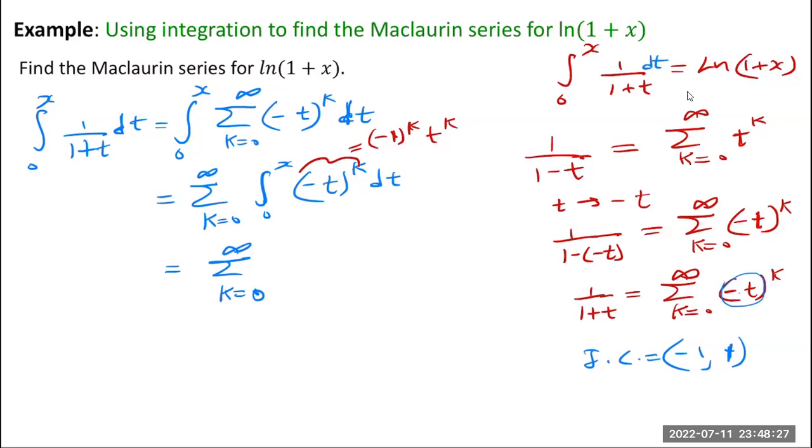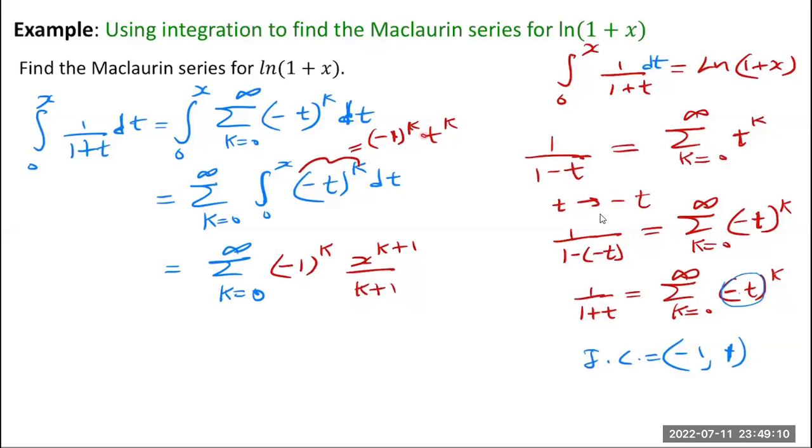That gives t to the power k plus 1 divided by k plus 1, and then the lower limit is 0, upper limit is x.